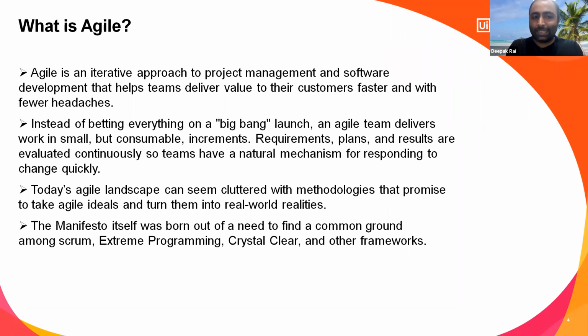In today's Agile landscape, things can seem cluttered with methodologies that promise to take Agile ideals and turn them into real-world realities. The manifesto itself was born out of the need to find common ground among Scrum, extreme programming, Crystal Clear, and other frameworks.